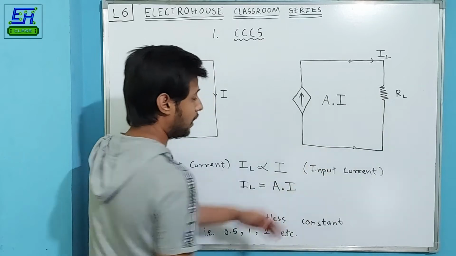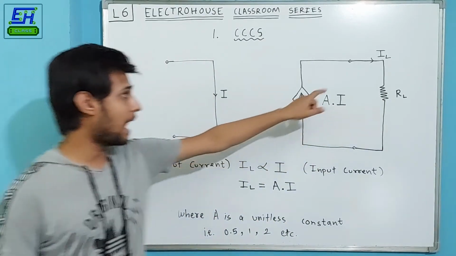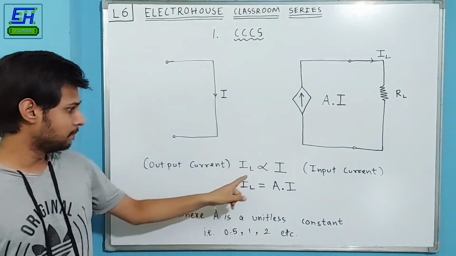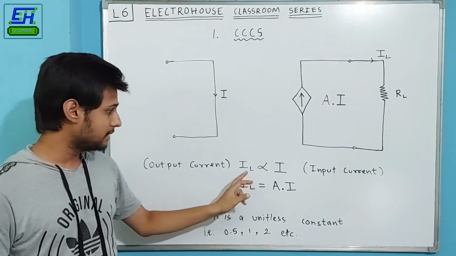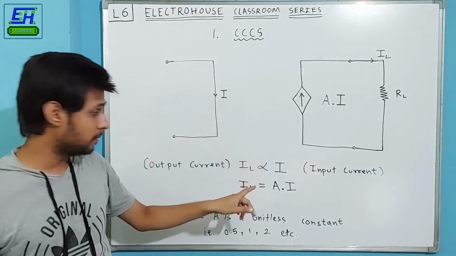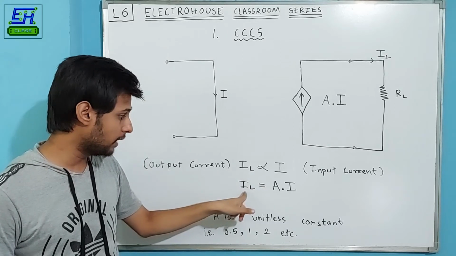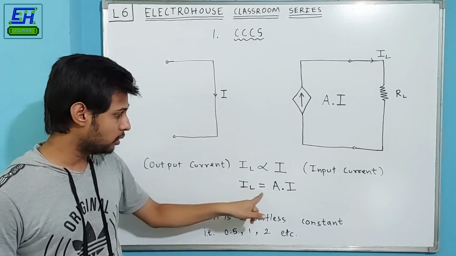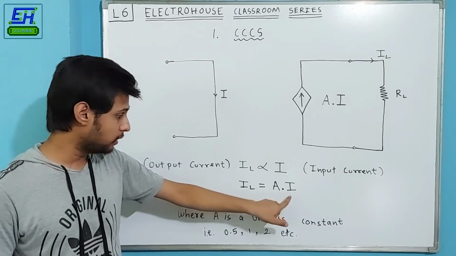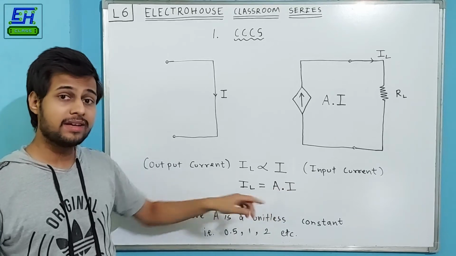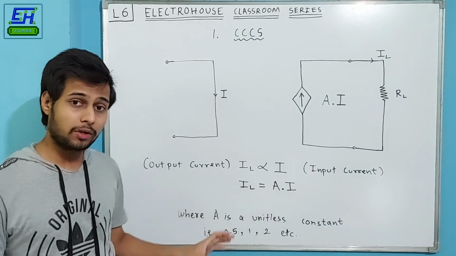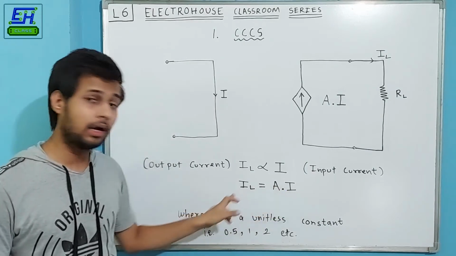If you connect any load resistance RL, then the current IL will flow through it. This IL current will be the same as AI. Our output current IL is directly proportional to the input current, so this is a current controlled current source, because the output current IL is dependent upon our input current I. Here A is a proportionality constant, and it is a unitless constant, because both these quantities are currents.